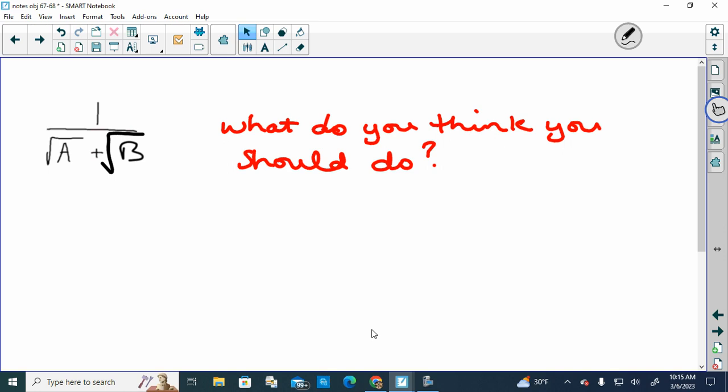What have we been doing? Radical A, just radical A. Because can we have radicals in the denominator? No, so we would multiply by what? Radical A plus radical B.